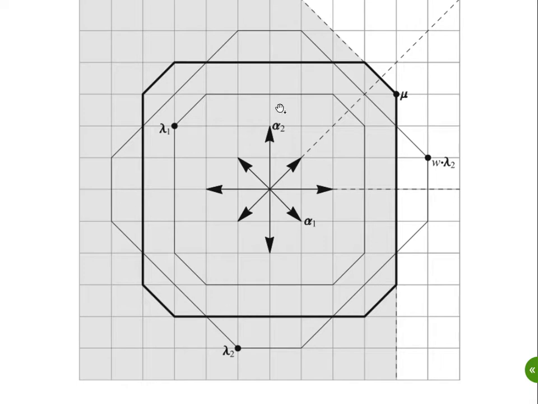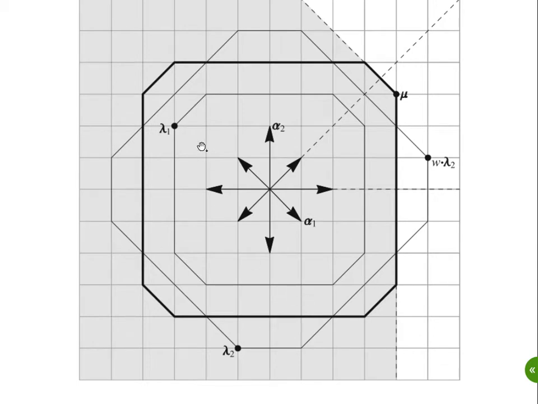This octagon is contained in the octagon that is the convex hull of the Weyl group orbit of mu. There are these 8 elements, 1, 2, 3, 4, 5, 6, 7, 8, and the convex hull is this thick octagon.